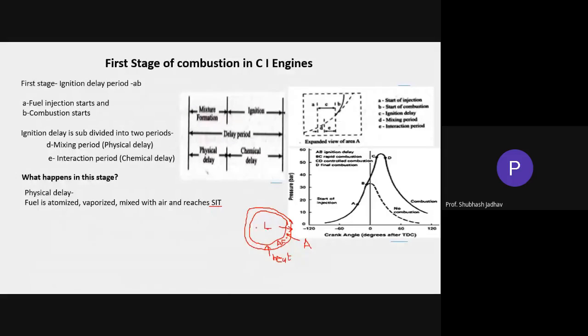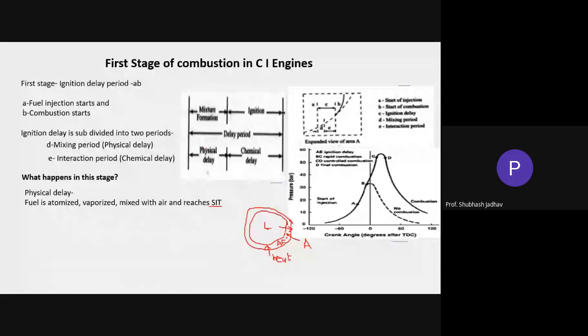So all these things are going to happen during the physical delay period. Since all these are physical things happening, we call this the physical delay period. Till now, remember, nothing chemical has happened. No chemical reaction has happened. Only one thing is moving to the other side, and the other thing is moving to this side.